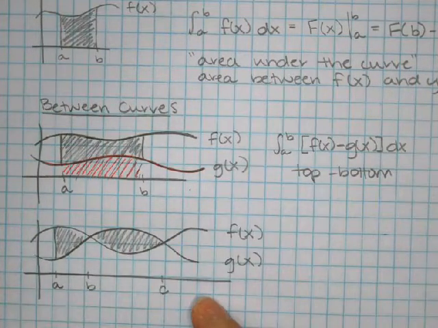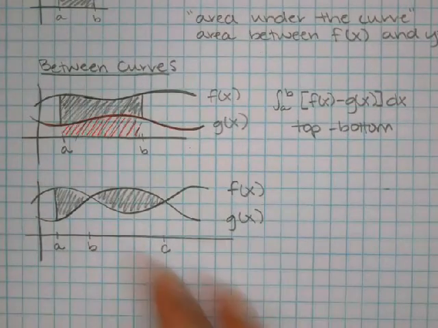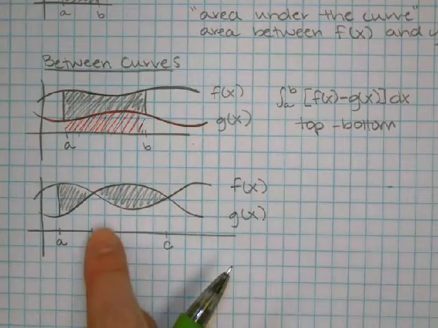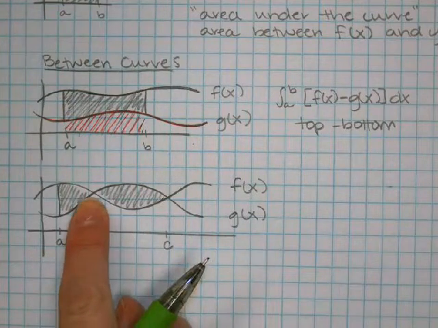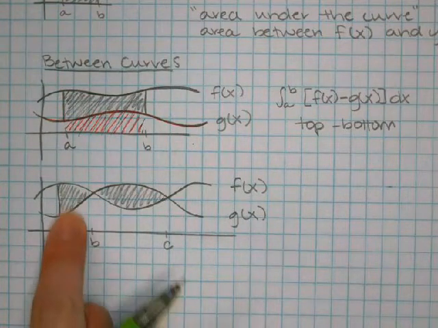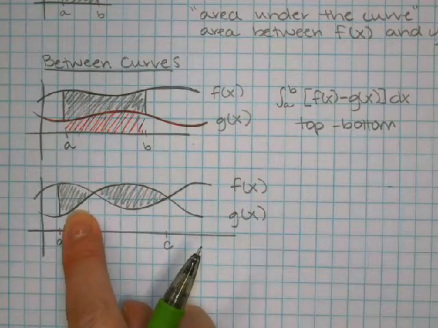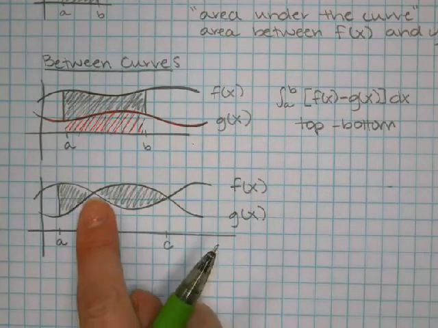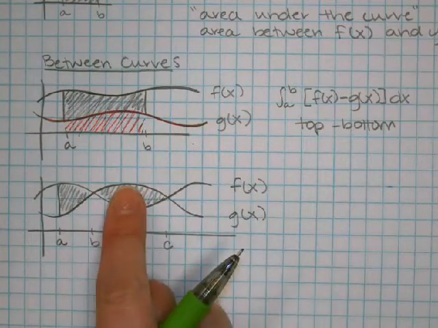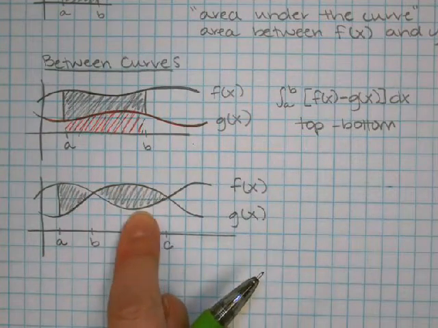If I wanted to know what the area between the curves was from a to c, I'd have to break up this interval, because if you look at these first parts of the curve, I can see that f of x is on top and g of x is on bottom. But then after they cross at b, it switches so that g of x is on top and f of x is on bottom.